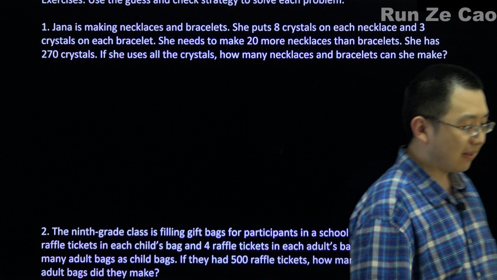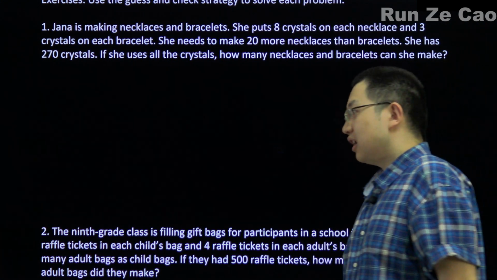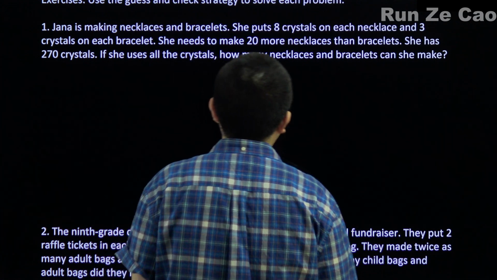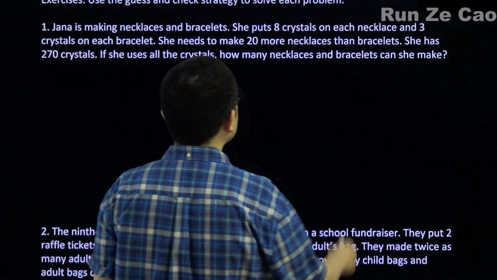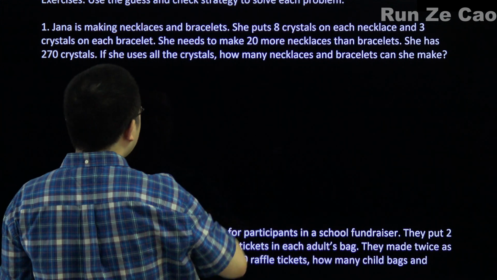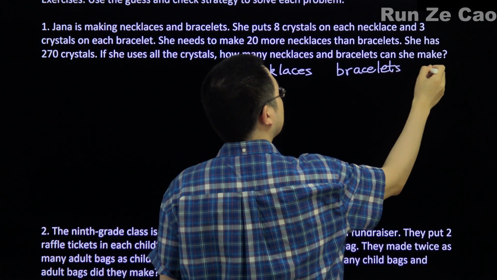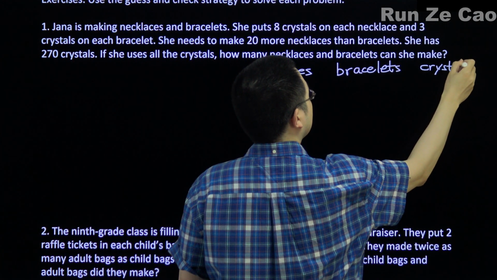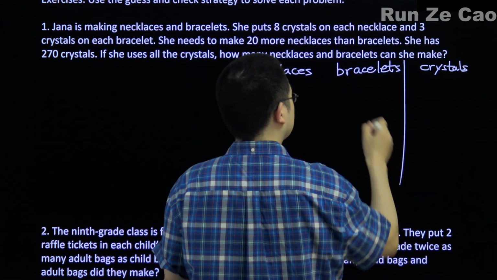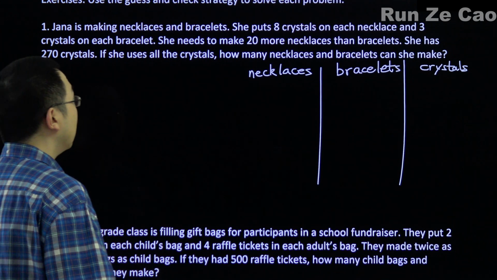Yeah, it's actually really hard to guess and check when you actually have an idea of how to do a problem, because to guess and check, you'd have to be like, in this case, oh, you're making necklaces, bracelets, and crystals. Yeah, it's terrible. Like, you'd literally guess.